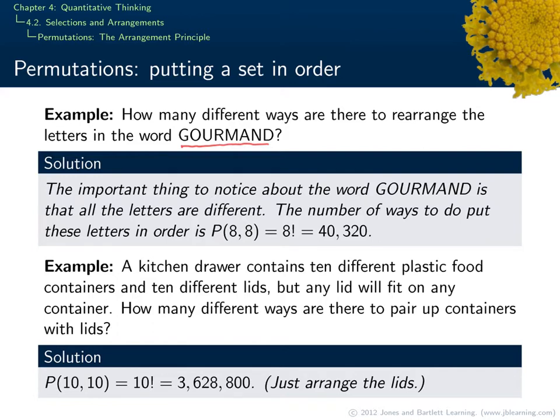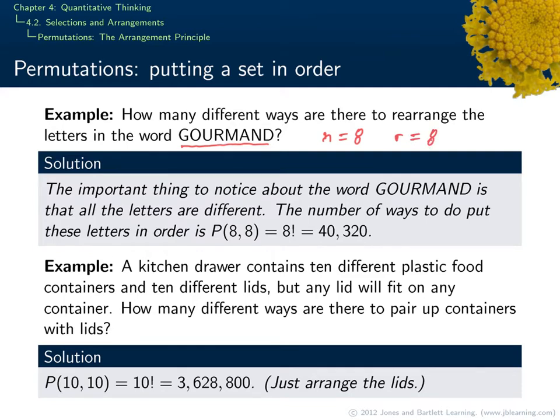So we have 8 letters to choose from, and we're going to select 8 of those 8 and put them in some order. In this case, n is equal to 8, that's the size of the set we're selecting from, and r is also equal to 8, that's the size of the list that we're forming.